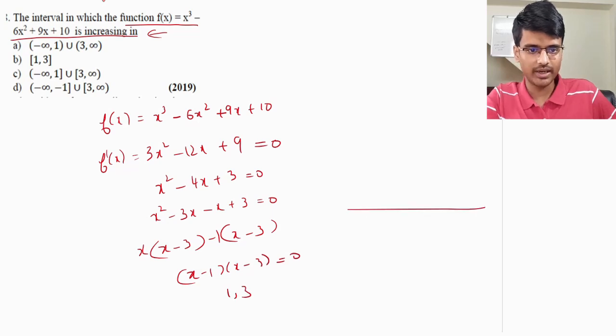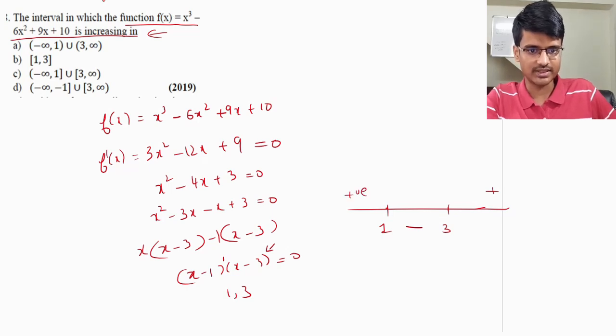So I can divide this into intervals around 1 and 3. At this interval it is positive. At this point, the power of the factor x - 3 is odd, so we change the sign from plus to minus. Again, the power of the factor x - 1 is 1, which is odd, so we change the sign, so it is positive.